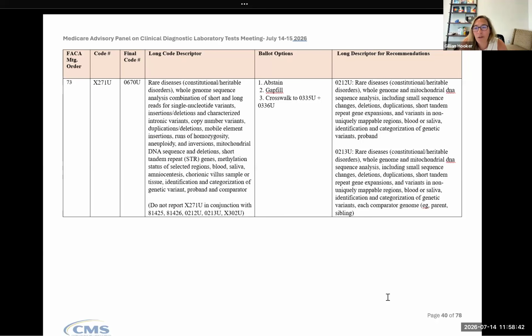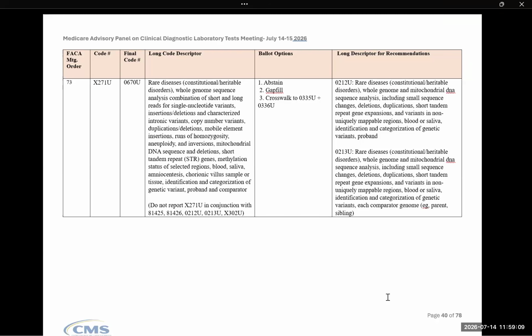They are 0335U, which is a whole genome sequence analysis with both the short and long read sequencing, as well as the proband whole genome sequence analysis 0336U. And we recommended 1 unit of each, crosswalk to 0335U plus 0336U.